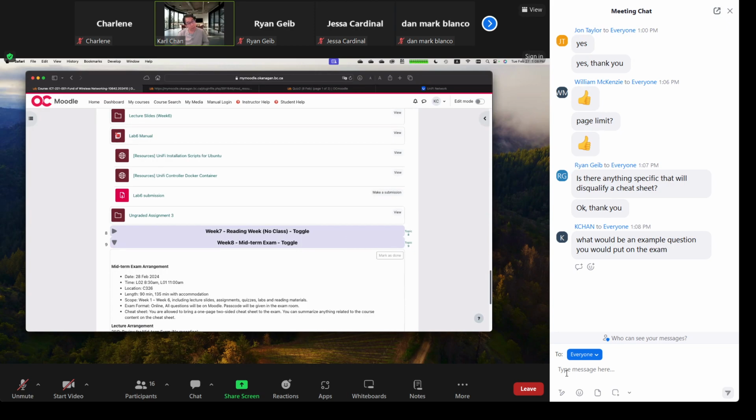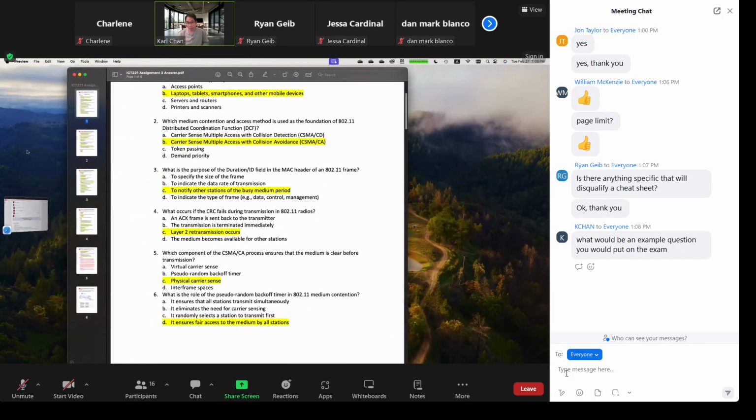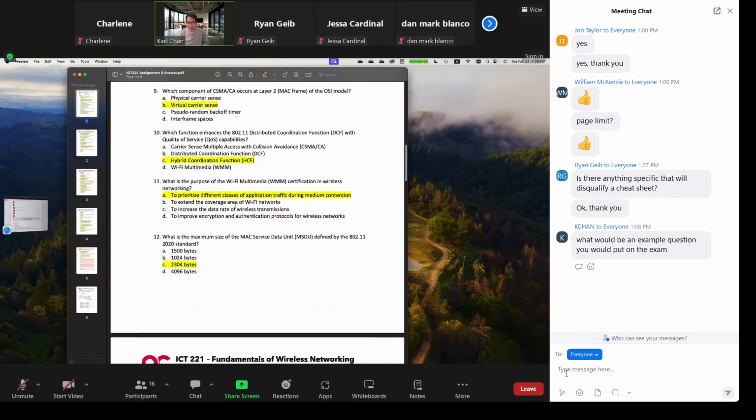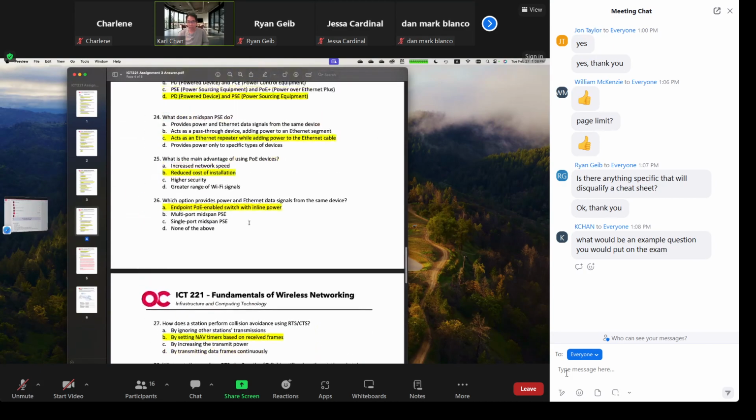What would be an example question you would put on the exam? We have a lot of questions from our assignments. Each assignment has at least 30 questions.